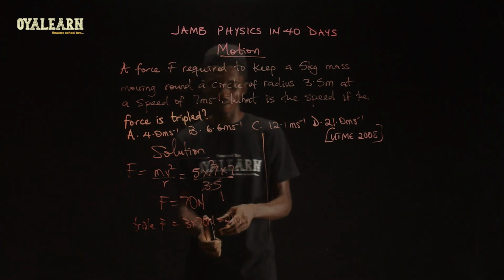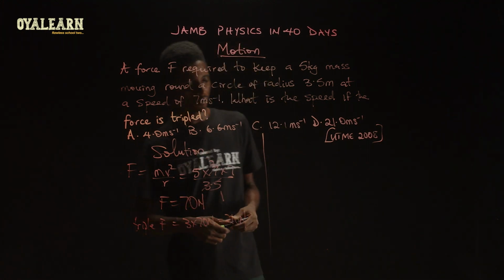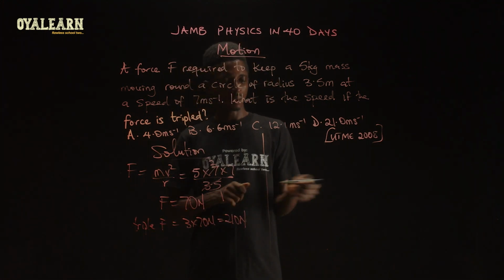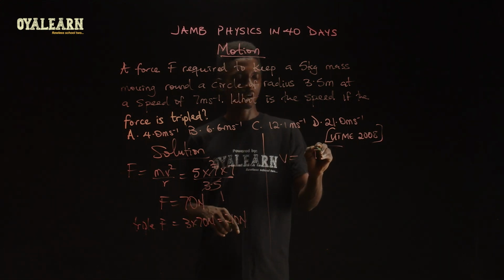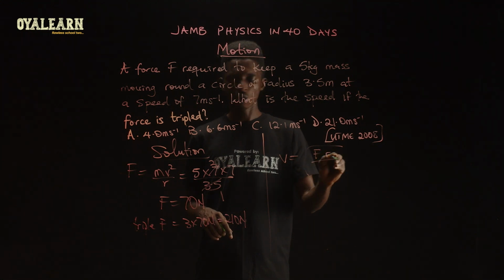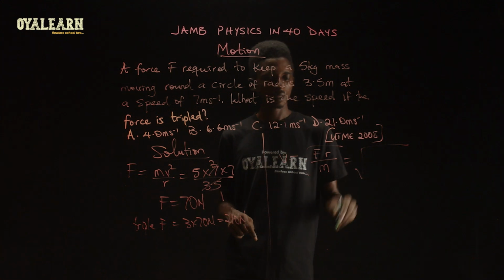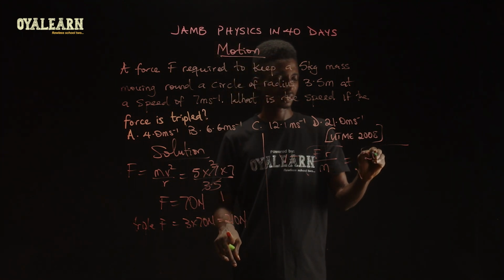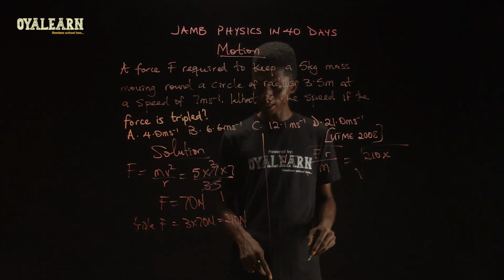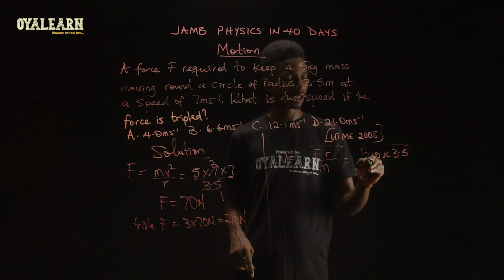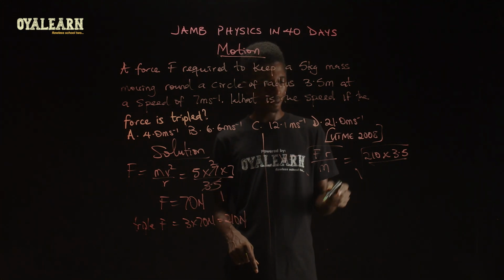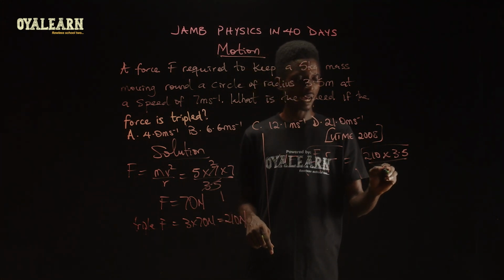Now using this, let's then find the value of V. From this, we can say that V equals the square root of force times radius over mass. So applying this, the force is 210 multiplied by radius, still 3.5, all over, now mass is 5.